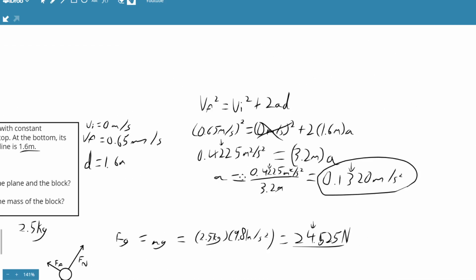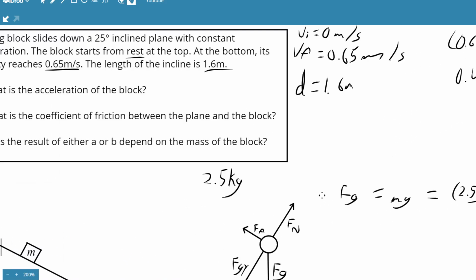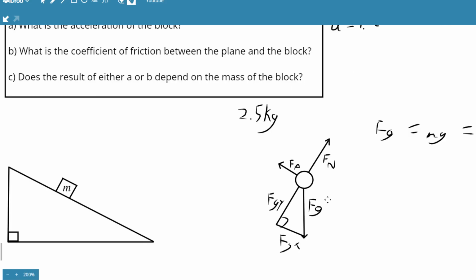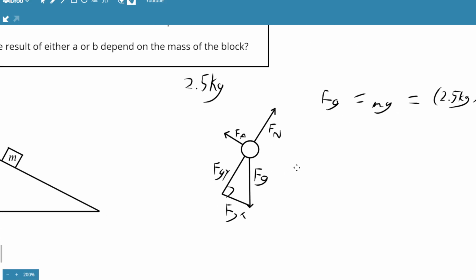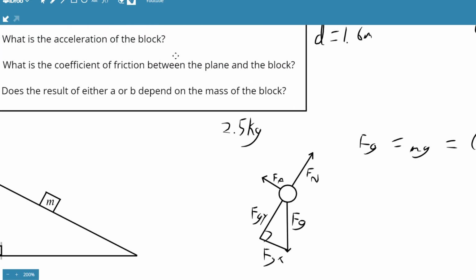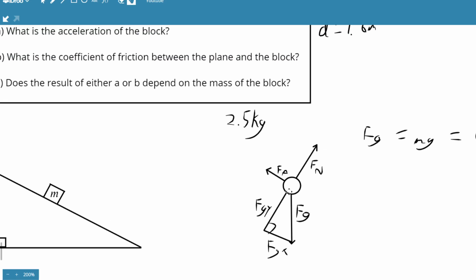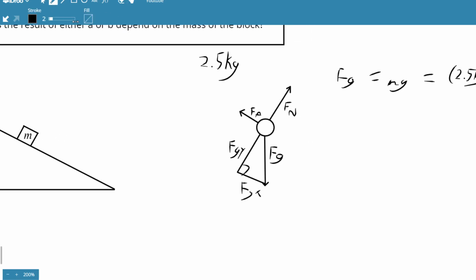And because the block is accelerating down, we know that the forces are not balanced. We know that Fn and Fgy are balanced because it's not accelerating like up or down. So that means that Fn is equal to Fgy.